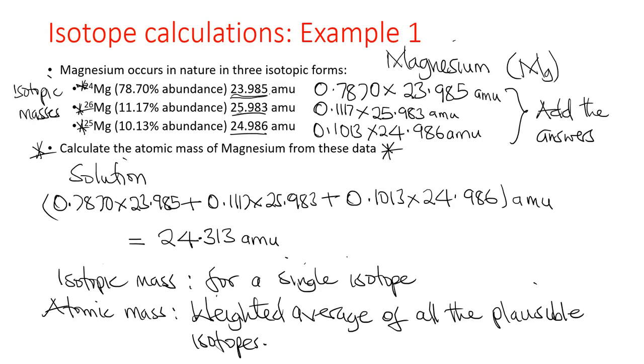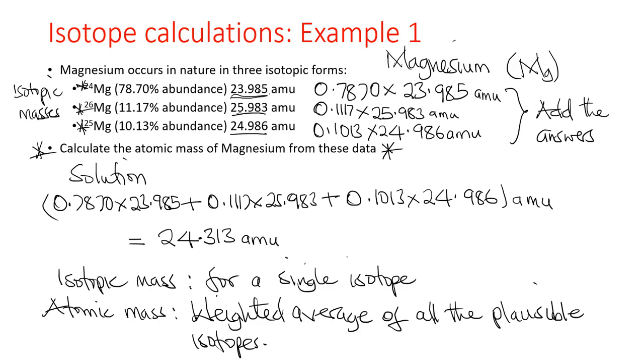So if I give you the isotopes and the percentages, you just multiply each isotope by its percentage and then add them. Please do not divide by 3. In these types of problems, don't divide, you just add.